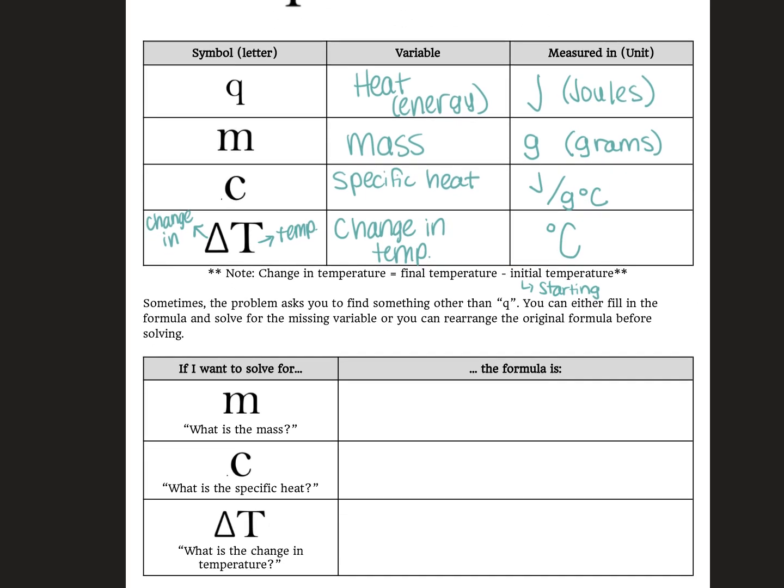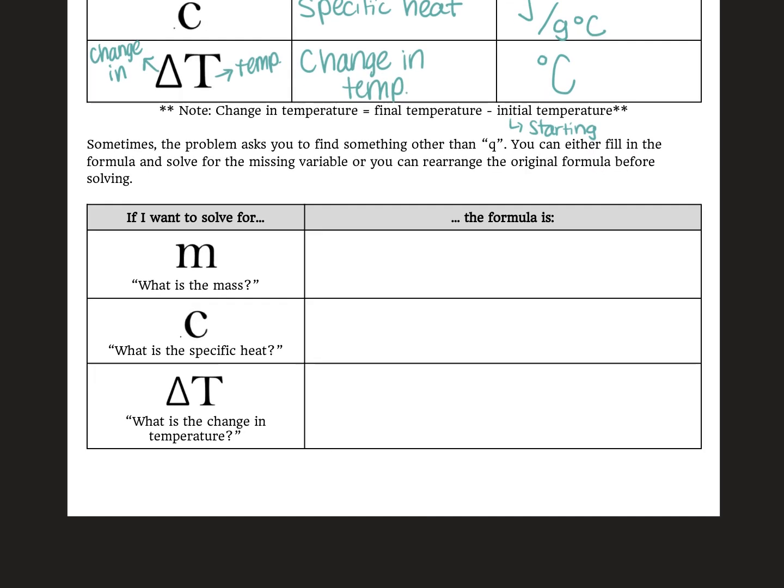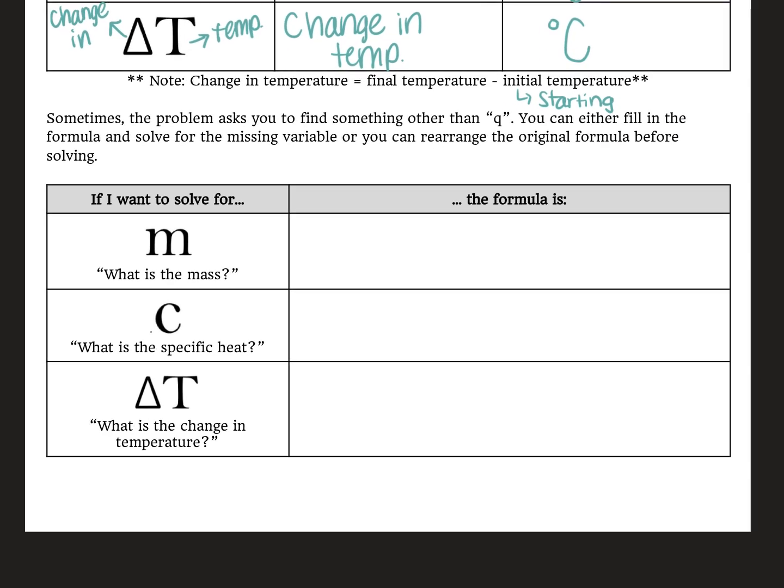Sometimes the problem will ask you to find something different. So if you want to solve for mass, so if the problem says, what is the mass? The formula will be M equals Q divided by C times delta T. If the problem says, what is the specific heat?